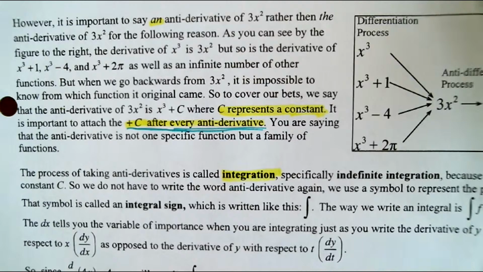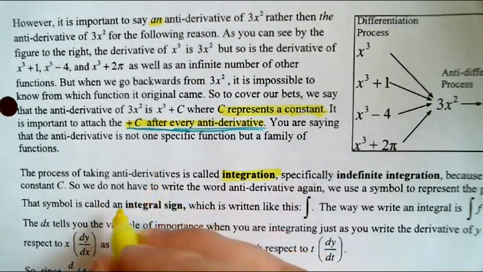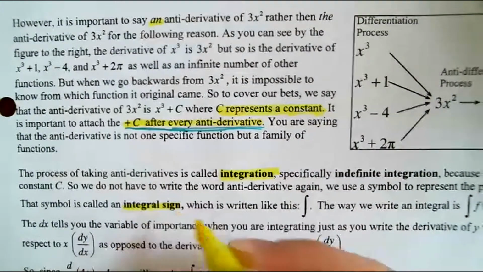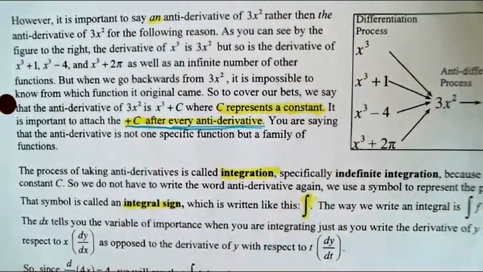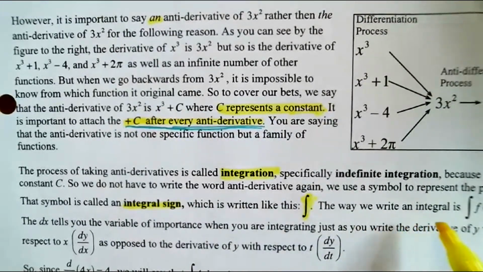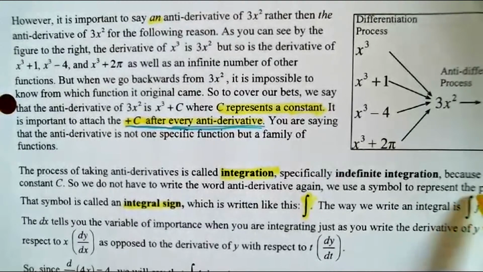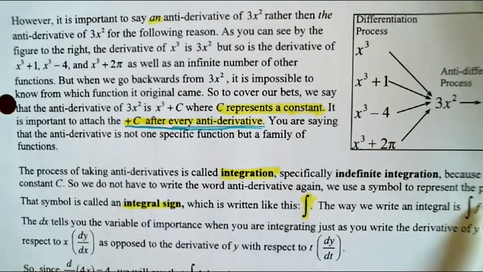We use a symbol to represent the process. That symbol is called an integral sign, which is written like this right here. The way we write an integral is our symbol right here, the integral sign, the function, and dx.